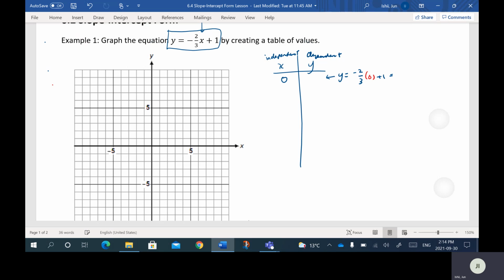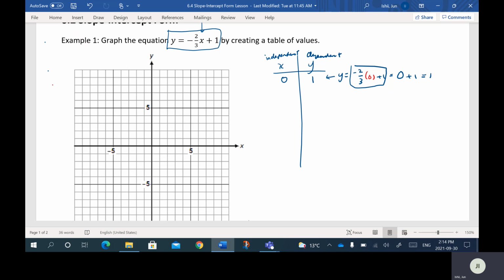When I plug it in, it turns out to be a number. -2/3 times 0 is just equal to 0, and I still have the +1. 0 plus 1 is 1. So when x is 0, y is equal to 1 for this equation.